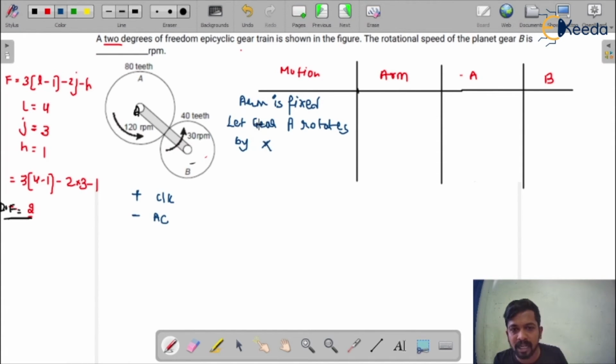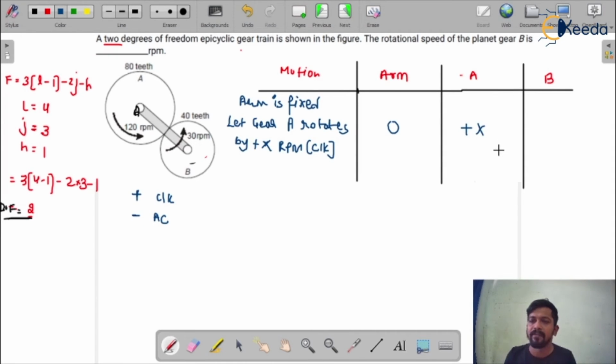Since the arm is fixed, here we have to write down the speed: the arm is having 0 speed, and gear A is plus x rpm in clockwise direction. Then we have to write down the speed for B.